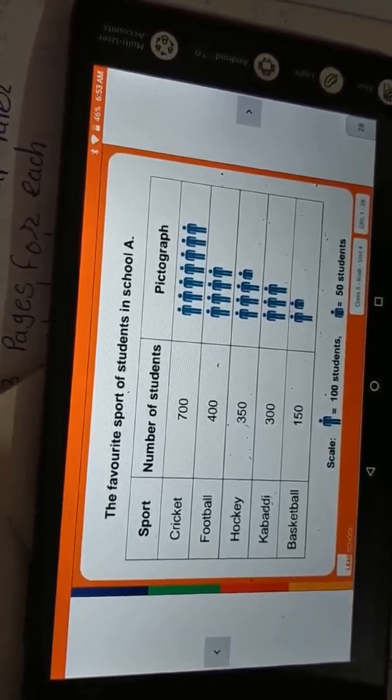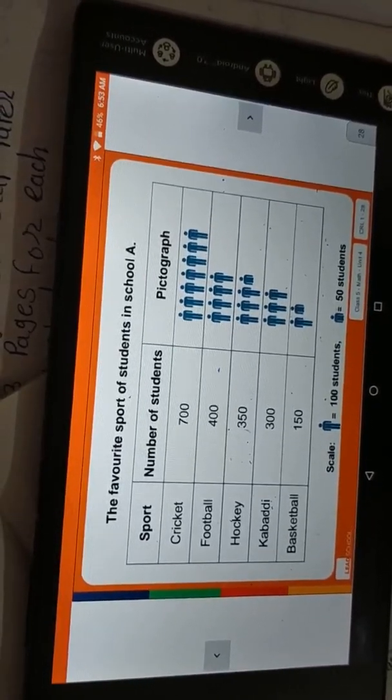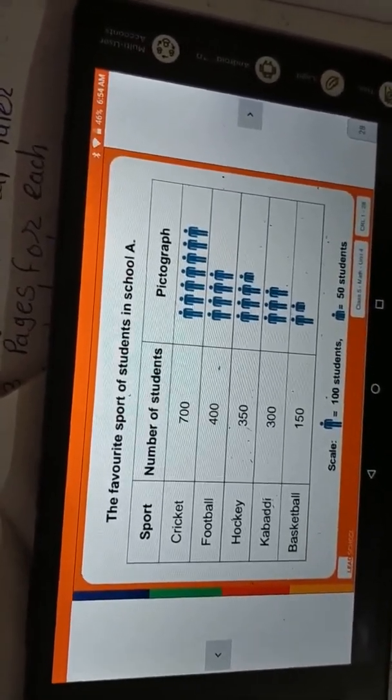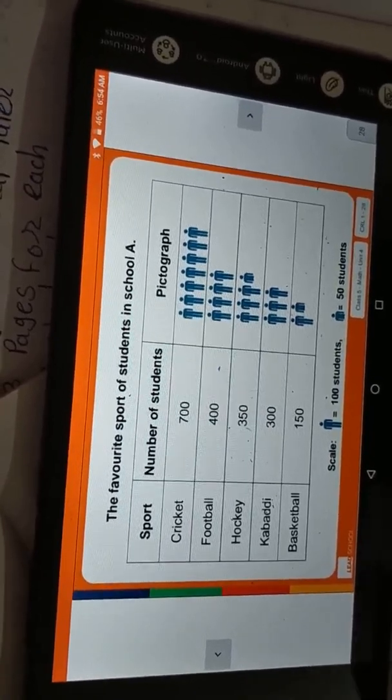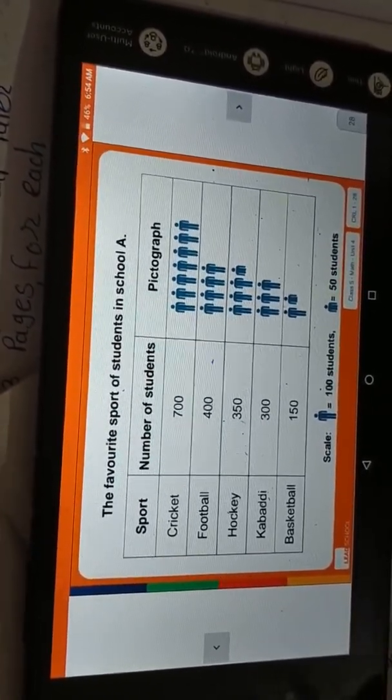Now we'll start worksheet number 1. Students, you have to write this in your maths rough book. I'll give you 1 minute.